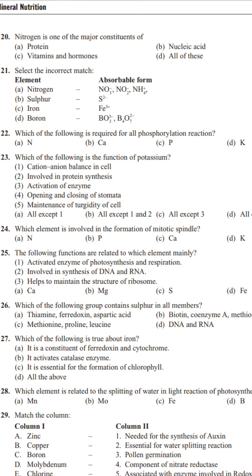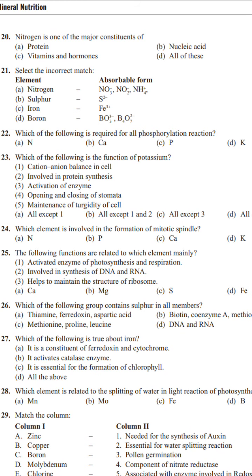This is an incorrect match. The rest are all correct matches: nitrogen NO3 minus, NO2 minus and NH4 plus; iron Fe3 plus; and boron BO3 3 minus and B4O7 2 minus. But for sulfur, the correct absorbable form is different.